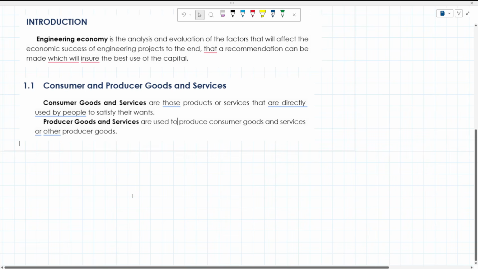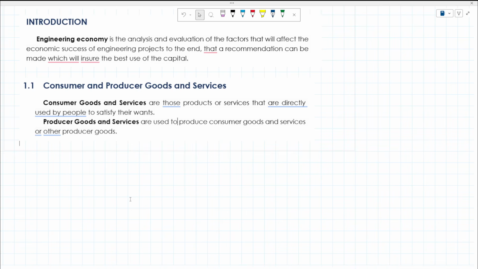So, paano ba natin ma-classify na consumer goods and services ito? Pwede nating sabihin na, for example, yung mga pagkain nating kino-consume, ito ay yung mga consumer goods and services na matatawag natin.